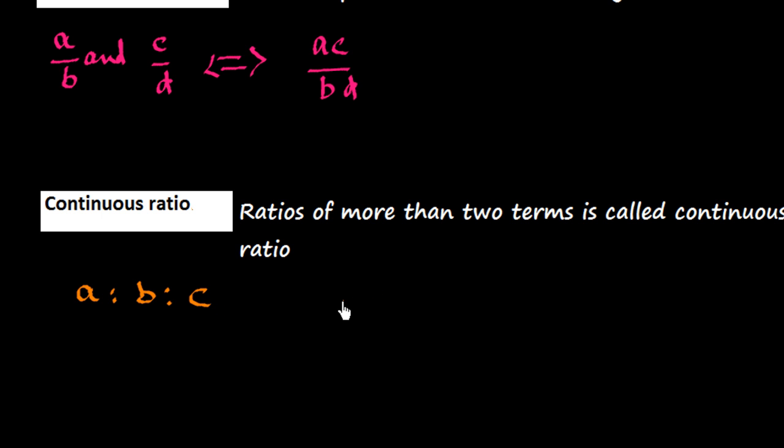We assume that the wheat is being consumed 40 kg per month, and rice is 12 kg and sugar is 4 kg. So finally we get the ratio 40 is to 12 is to 4.